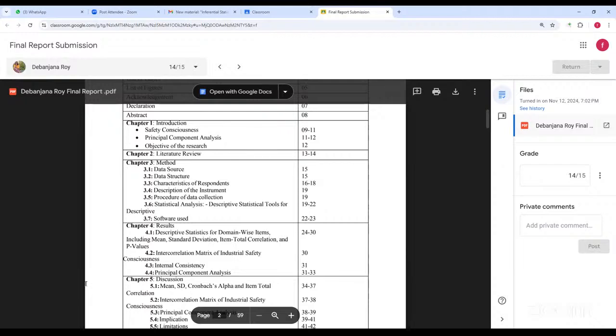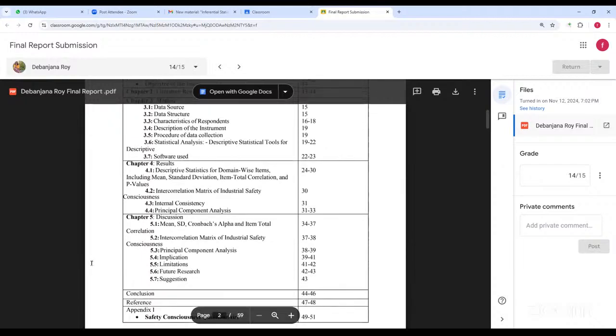Those things you can present. And after that, you will show the correspondence analysis map and the frequency, that is the contingency table. Initially, you have to show the contingency table. After that, the correspondence analysis or the correspondence map.